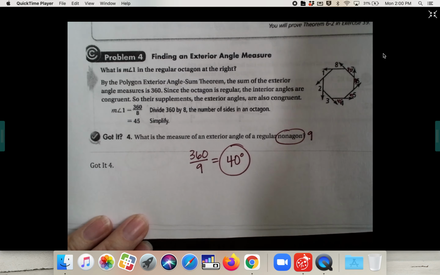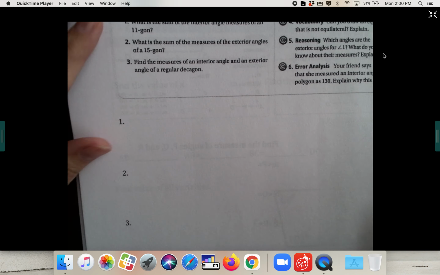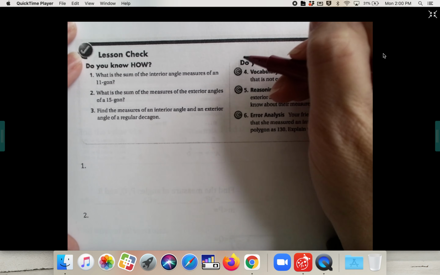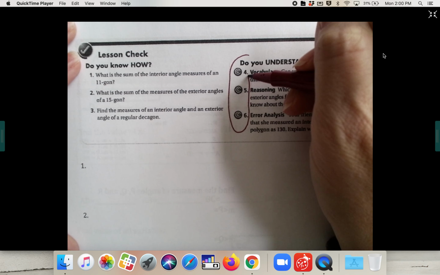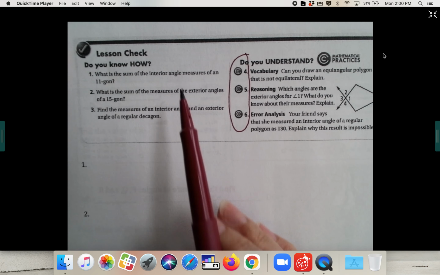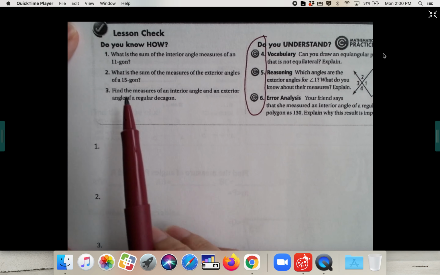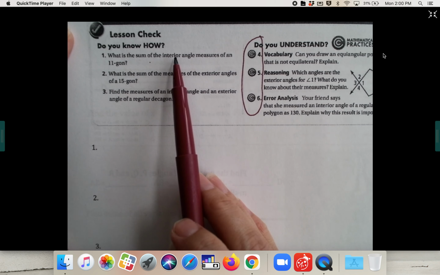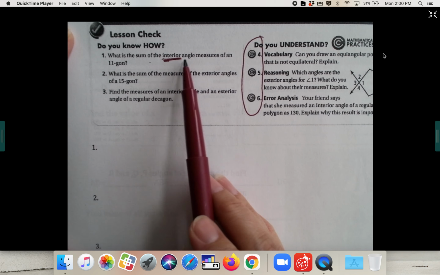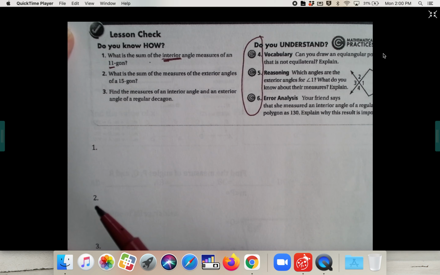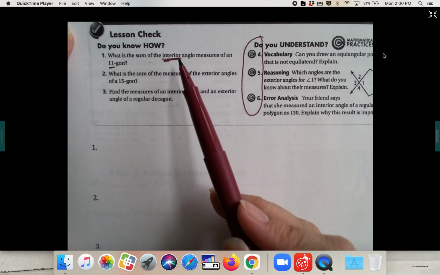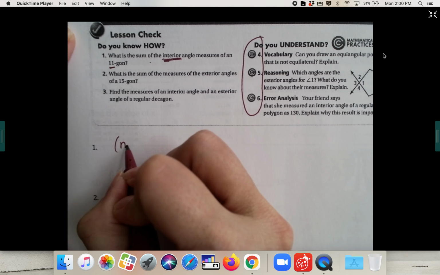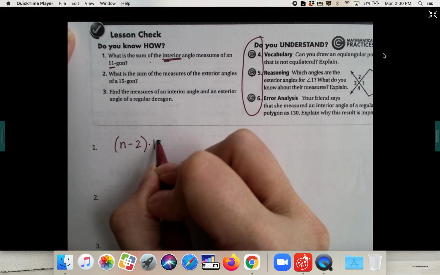Okay, I think I told you that we were done after this, but I think we have one more. I'm actually going to have you try 4, 5, and 6 on your own, but let's do these 3 together at least. So number 1, what is the sum of the interior, so we're switching back to interior, angles of an 11-gon? Interior angles is n minus 2 times 180.